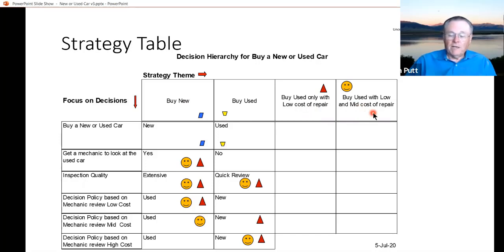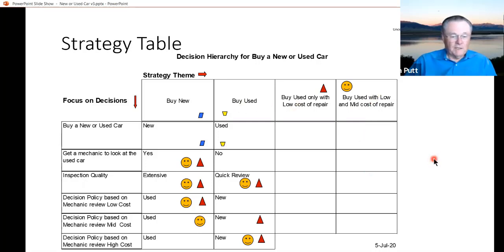The assumption is that if it's a low cost, I would buy it, because if I wasn't going to buy it with the low cost, then why go through that effort? I'd just buy the new. And if I was going to buy the used car in the low, mid, and high cases, there'd be no reason to get the information either. I would just go buy the used car. So these are really the only options here for scenarios.